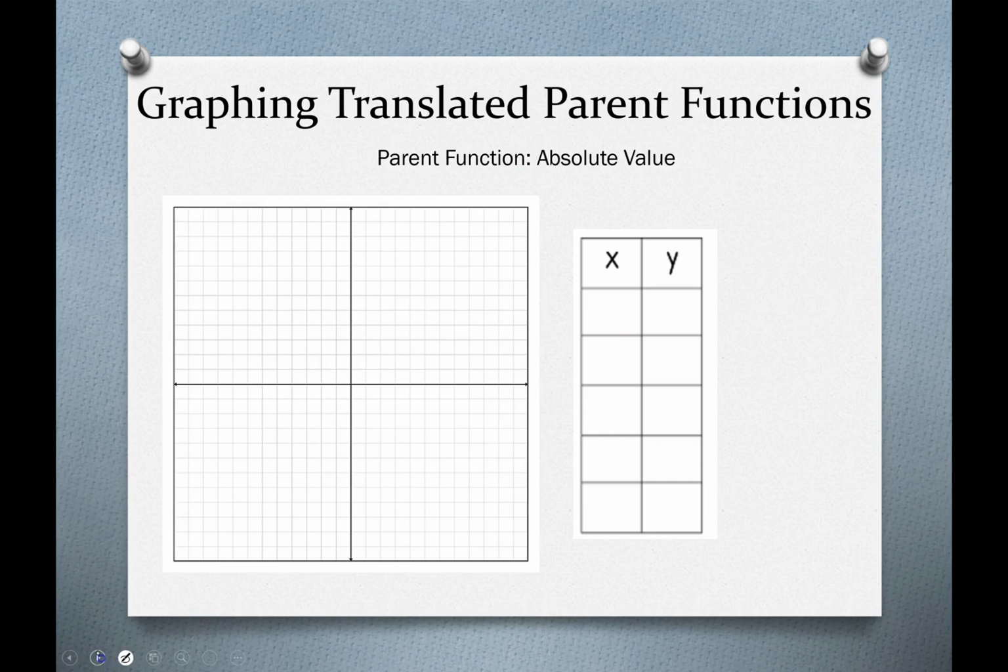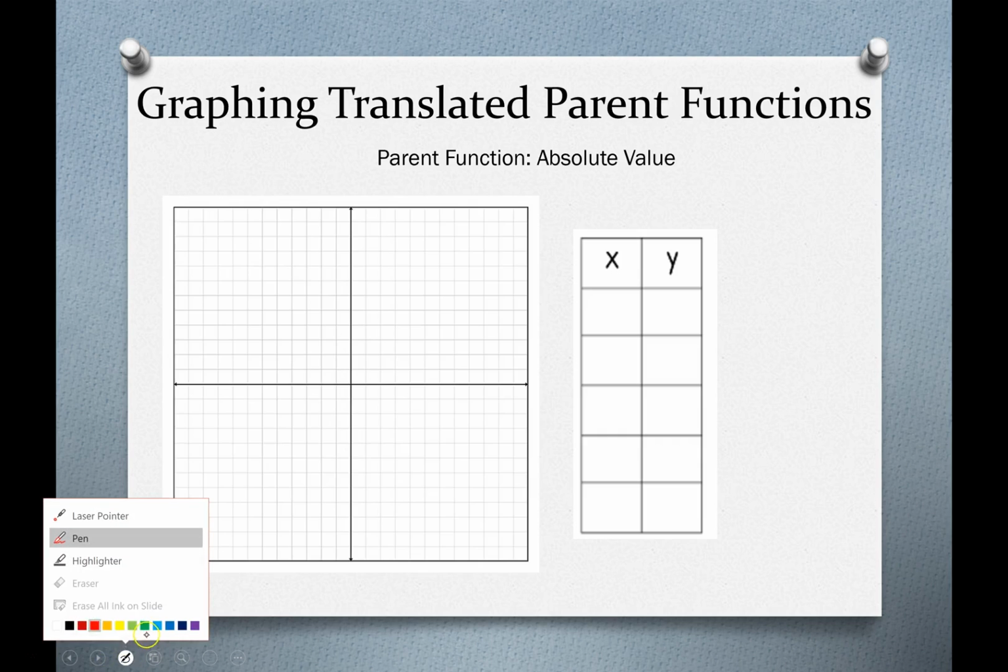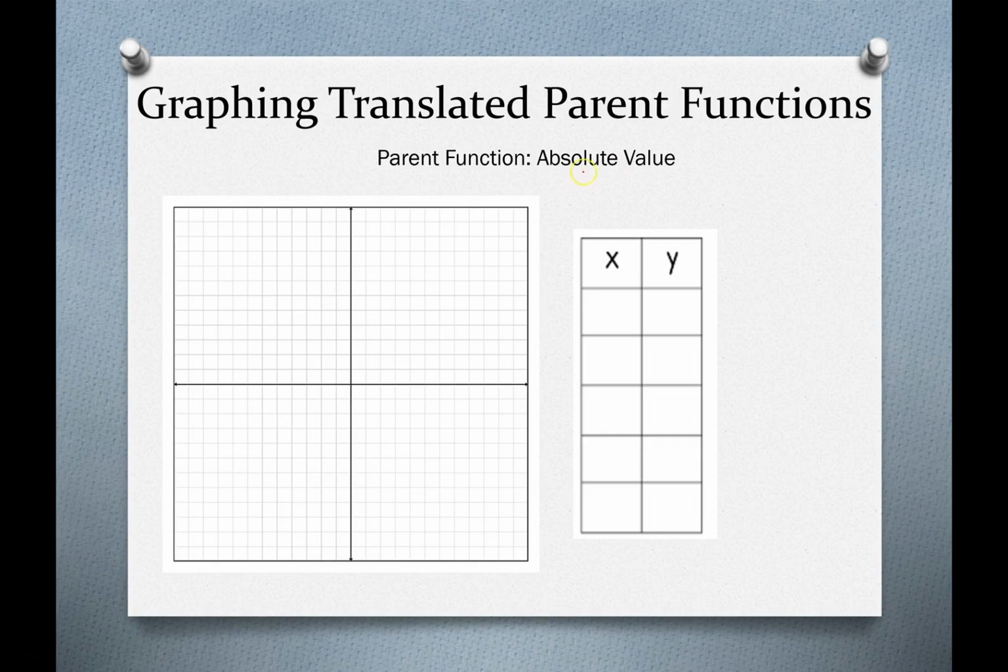All right, next slide. Let's go ahead and let's graph our absolute value of x function. That's absolute value. As a reminder, that's the function y equals absolute value of x. So if I go -2, -1, 0, 1, 2, remember absolute value is the distance away from 0. So all you have to do is make the negatives positive.